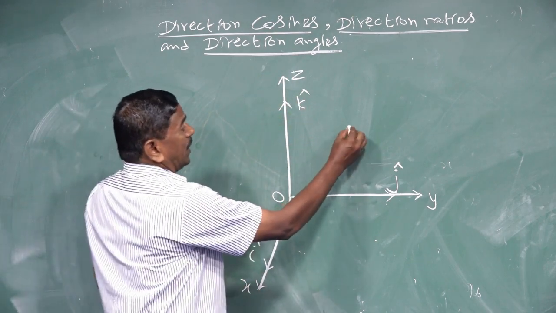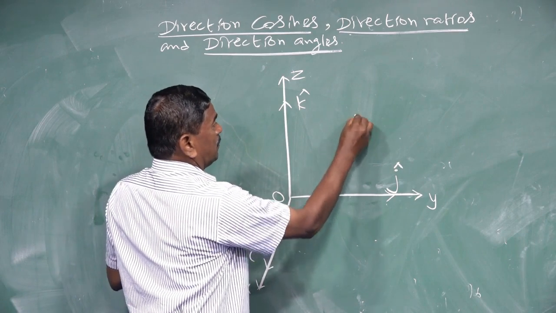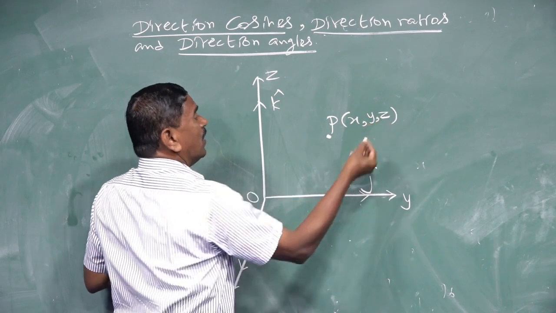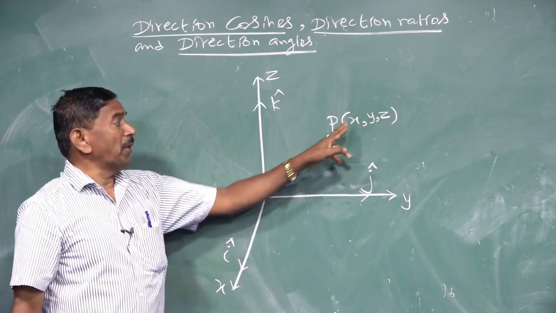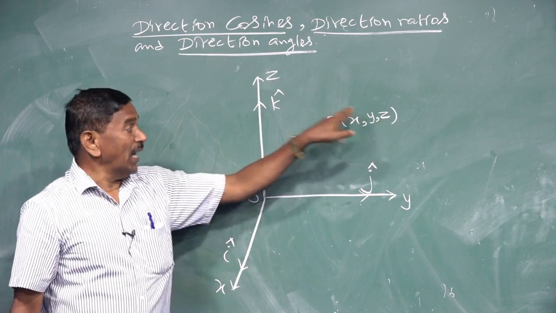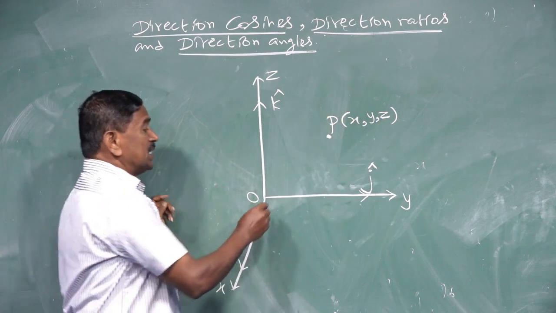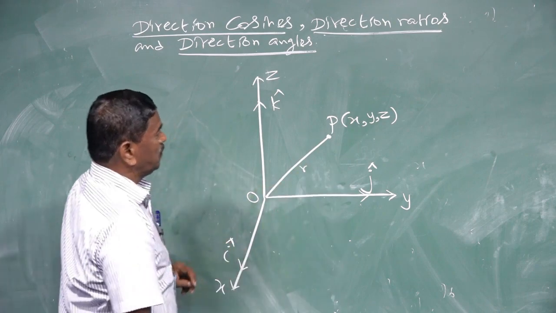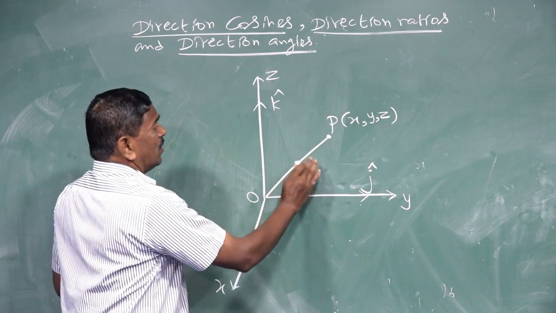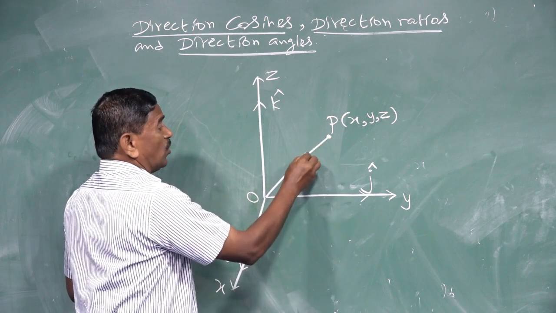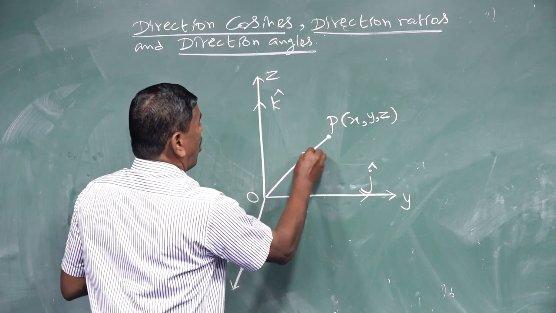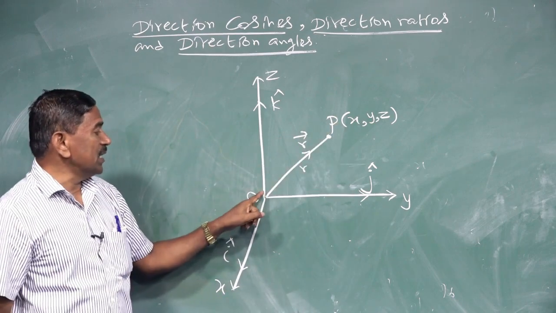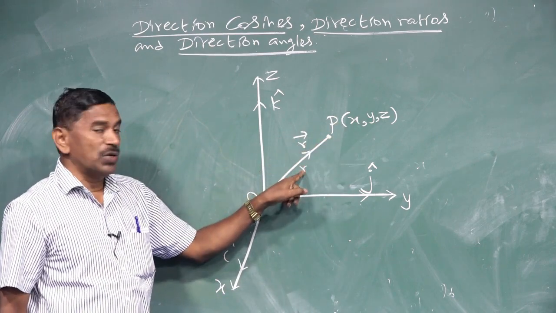Now, let P be a point (x, y, z) in space, whose distance from the origin is small r. Let vector OP be equal to vector R, and the distance from the origin to the point P is equal to small r.